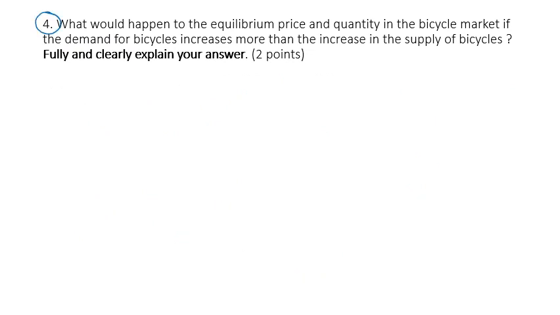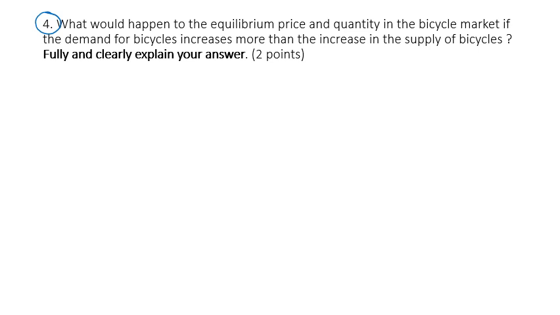Question 4 is of a similar nature. The question reads, what would happen to the equilibrium price and quantity in the bicycle market if the demand for bicycles increases more than the increase in the supply of bicycles?